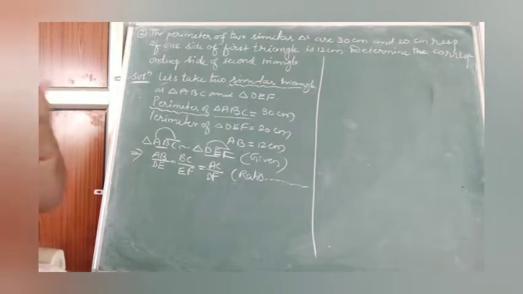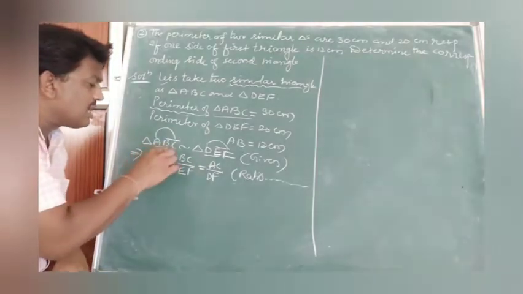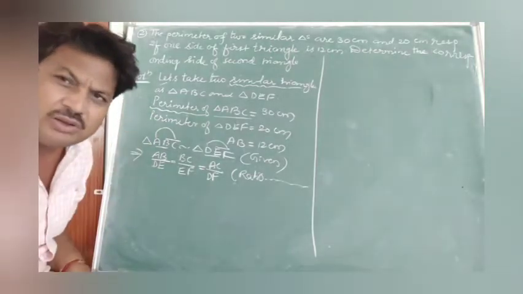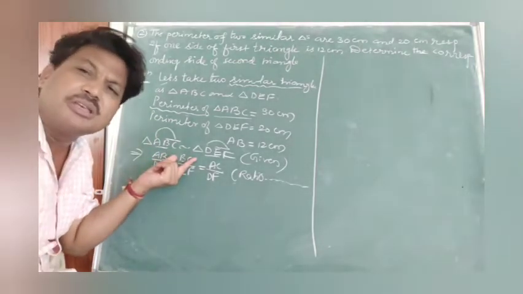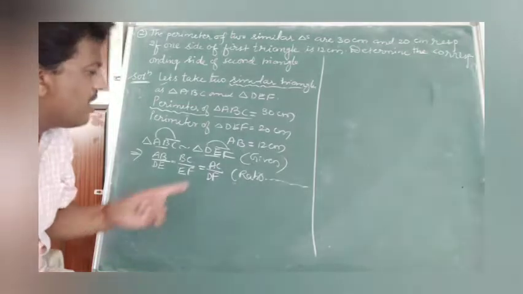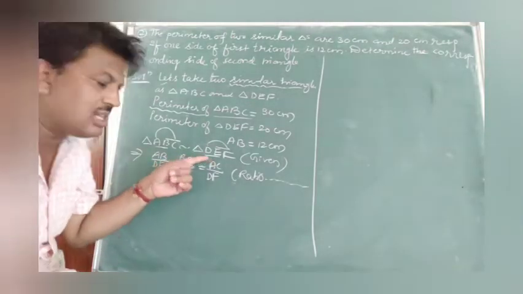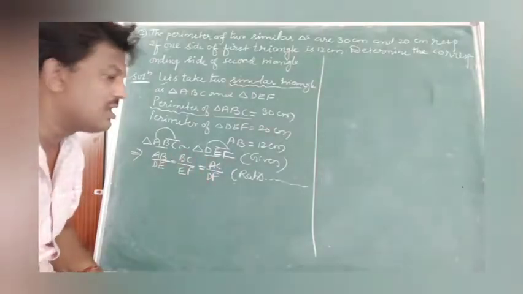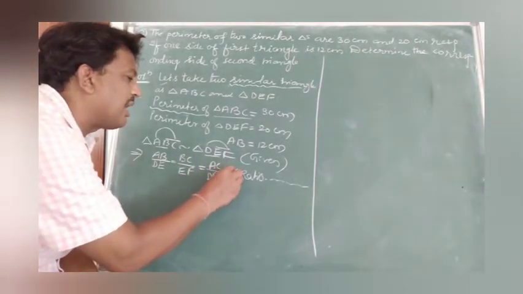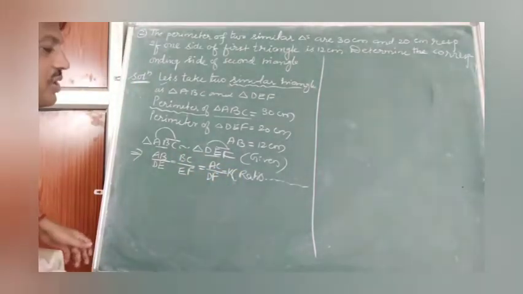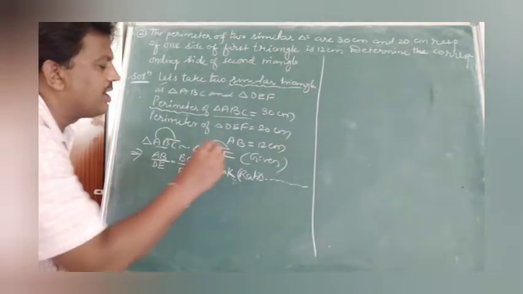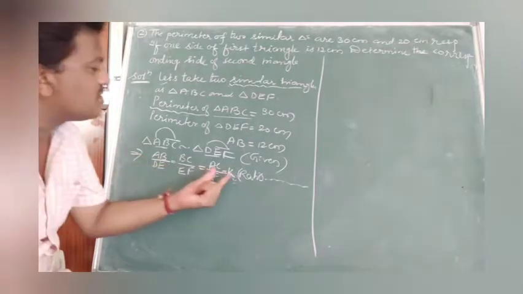Okay children, right. So children, if you divide the value of AB with DE, we get some value. If we divide the value of BC with EF, we get some value. If we divide the value of AC with DF, we get some value. And all these values are the same. Let that value be K, children. This is important here. So now, individually also they are equal.